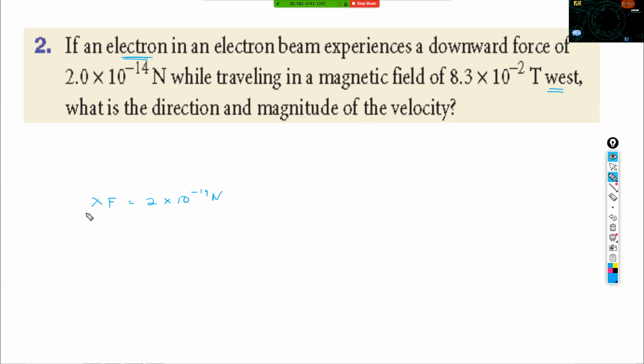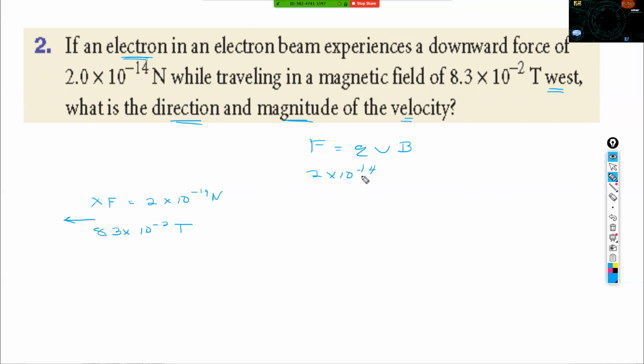A magnetic field west of 8.3 times 10 to the minus 2 Tesla. What is the direction and magnitude of the velocity? All right. So again, force equals QVB. My force is 2 times 10 to the minus 14th.